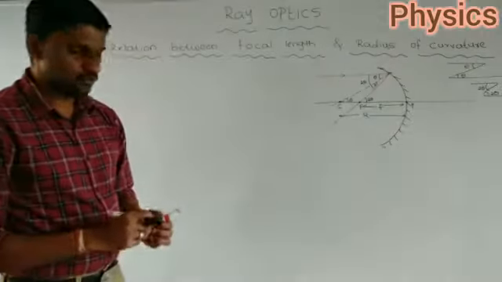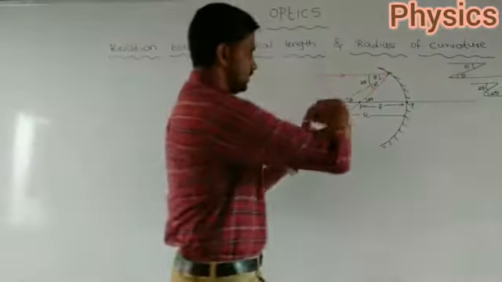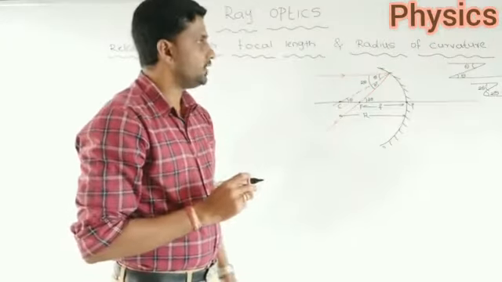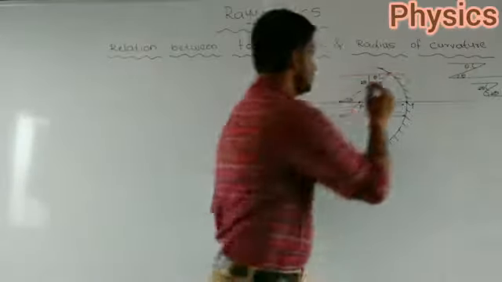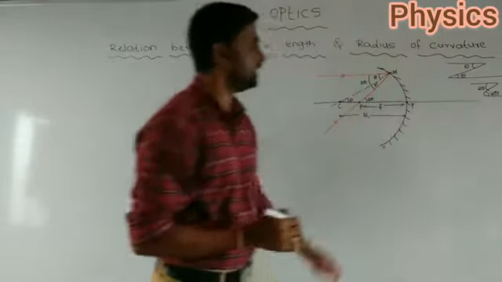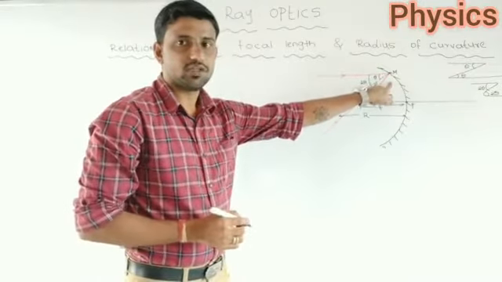Now what I am going to do here is take a perpendicular. That perpendicular line I am taking from the point at which the incident ray meets the reflecting surface of the concave mirror.